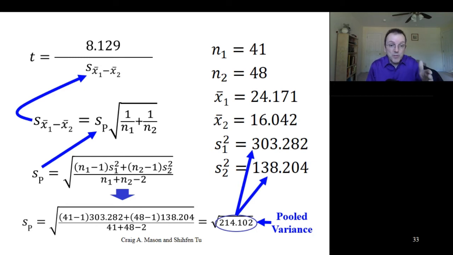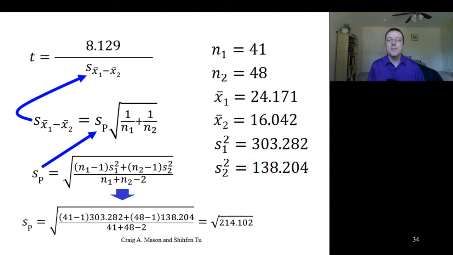If the pooled variance is greater than both of the individual variances, or if it's less than both of those individual group variances, you know you've made a mistake somewhere. It's got to be somewhere in between. Okay? Something to check while you're doing your calculations. Don't just ignore it. Okay?